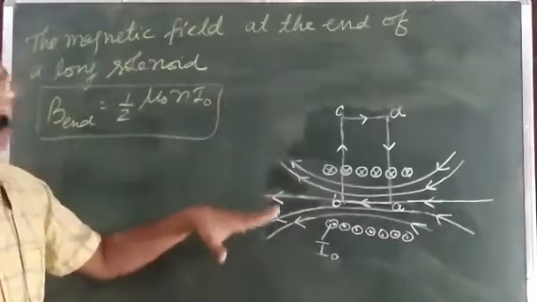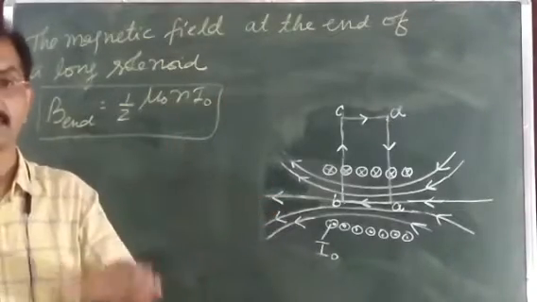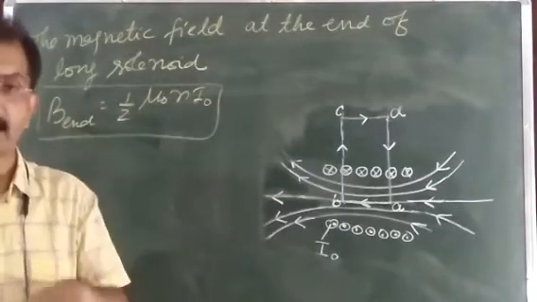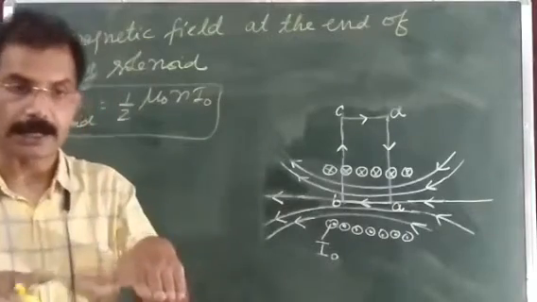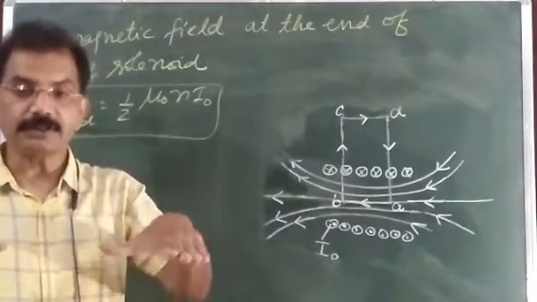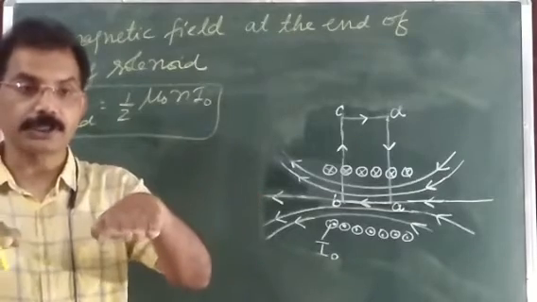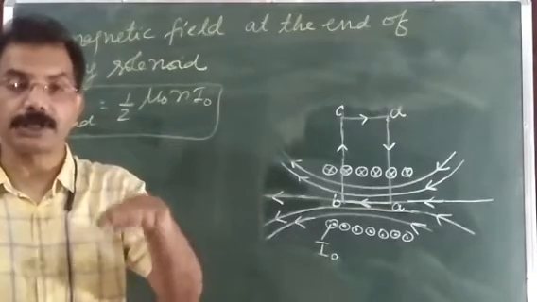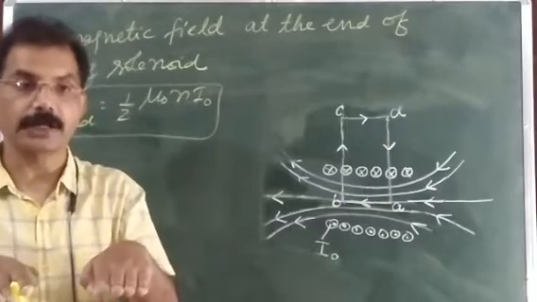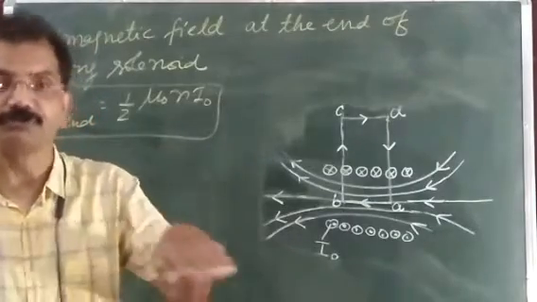So in this way we can derive the expression for the magnetic field due to a long solenoid. And inside the solenoid, the magnetic field is straight and parallel. And already I have told you this straight and parallel magnetic line of forces indicates that inside the solenoid the magnetic fields are uniform.